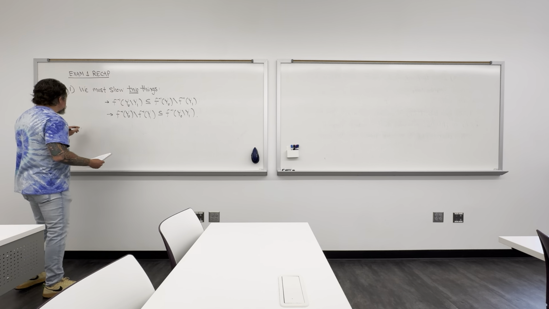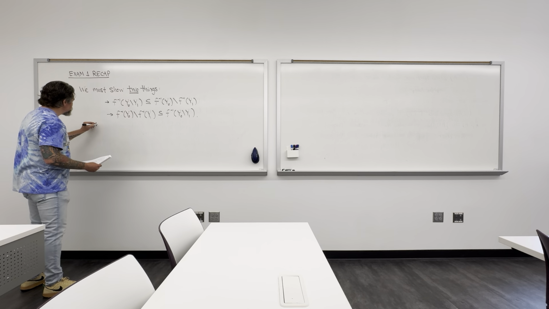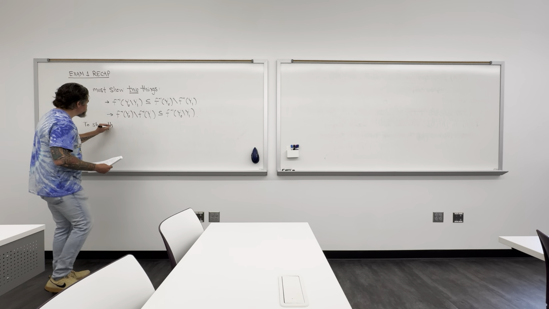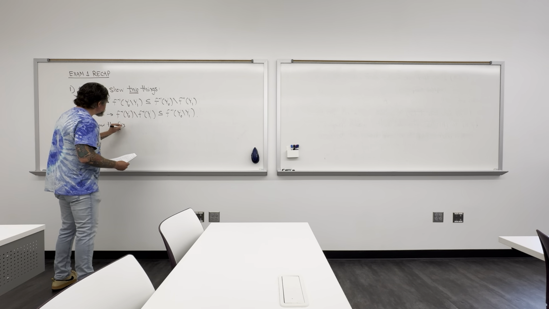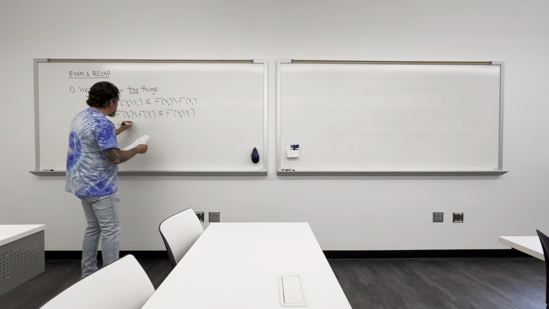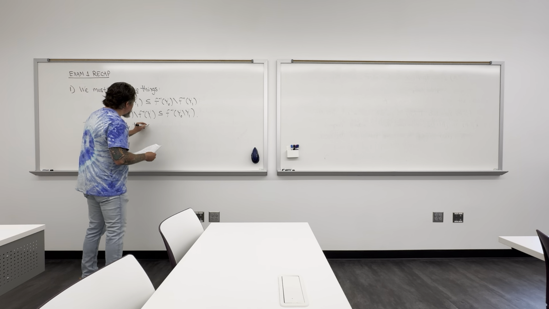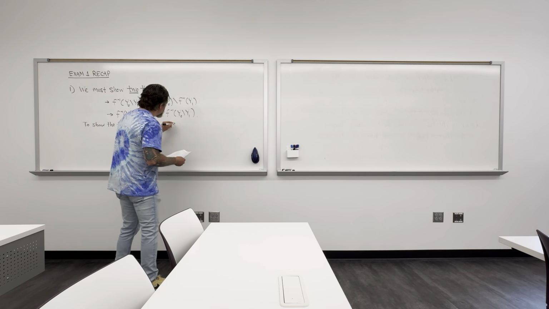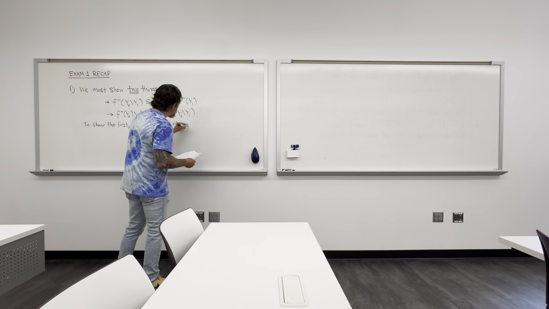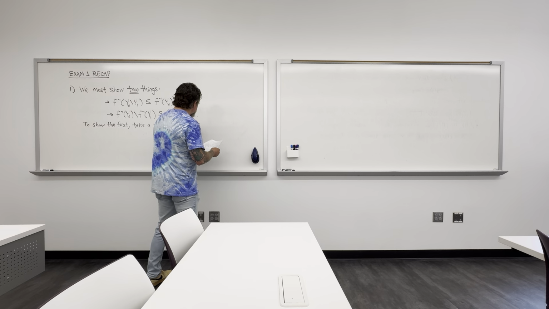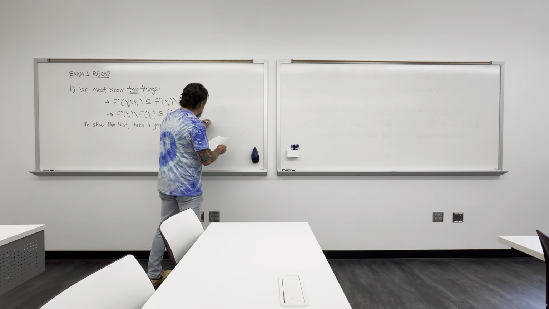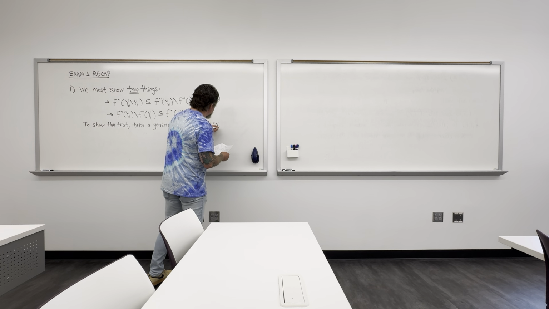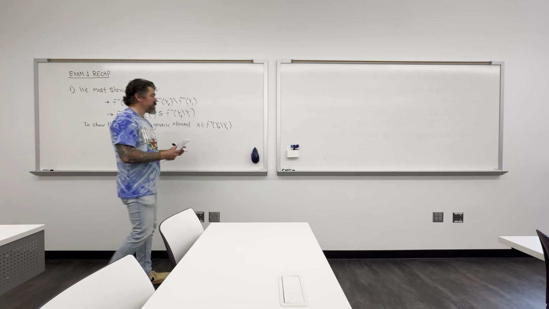Okay, so to show the first, we can take a generic element, let's call it x, in the inverse image of Y0 minus Y1.